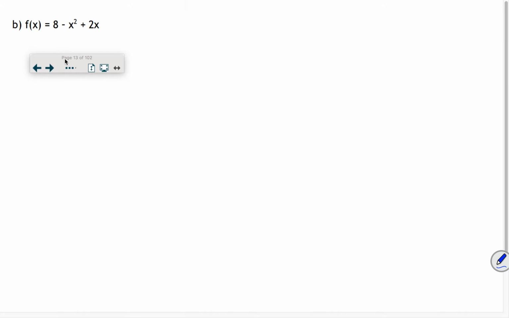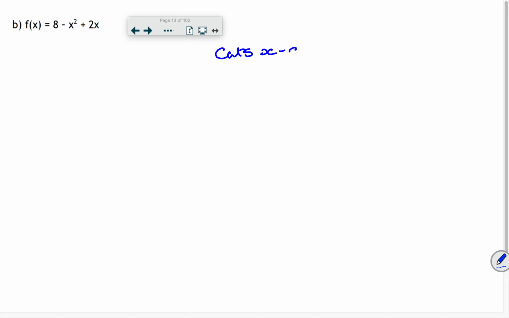The next one we have f of x is equal to 8 minus x squared plus 2x. So let's just do the same thing. Let's find where it cuts the x-axis. So it cuts the x-axis when y is equal to 0. So that will give me 8 minus x squared plus 2x is equal to 0.